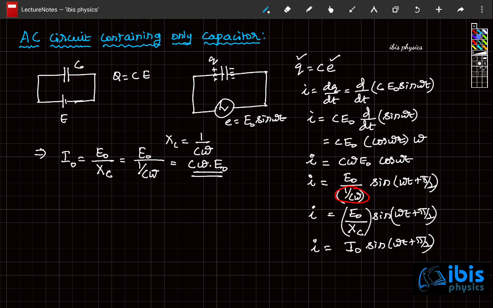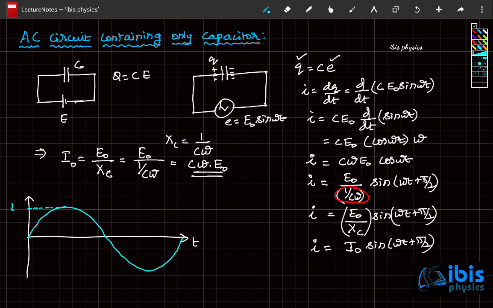So here, let us take time on the x-axis, and on the y-axis you take EMF. How does the EMF change? See, E equal to E naught sine omega t. So the EMF will change like this.